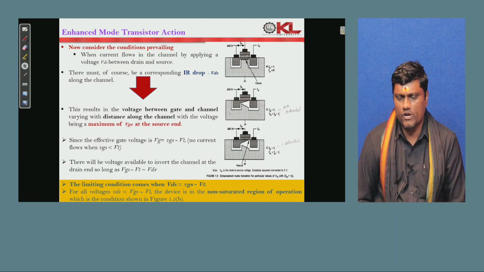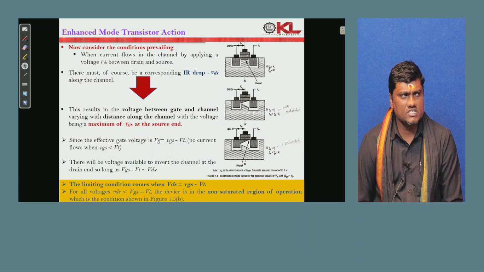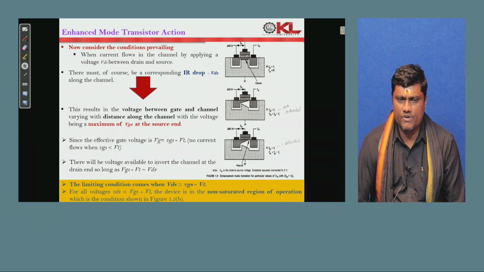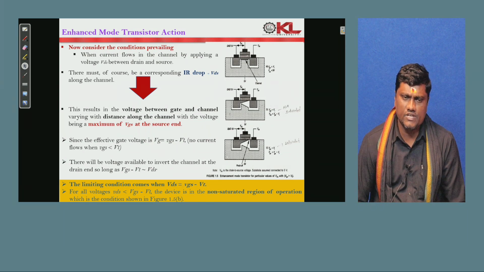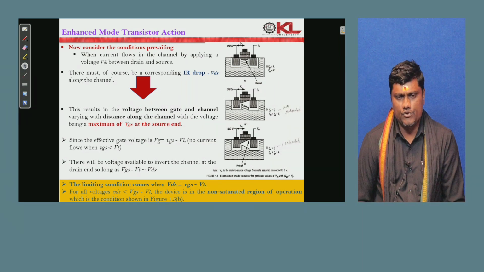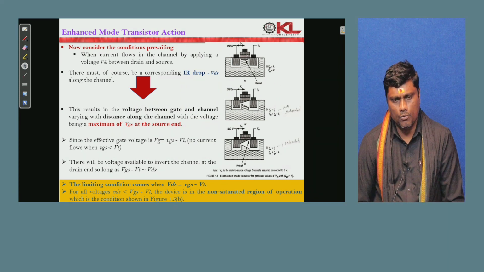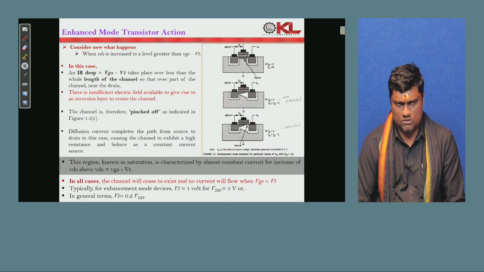No current will flow at this condition, but there will be a voltage available to invert the channel at the drain side, as long as VGS minus VT is close to VDS. So the limiting condition is when VDS is VGS minus VT, but for all VDS less than VGS minus VT, the device is in the non-saturation region of operation, and there is a slow flow of electrons.